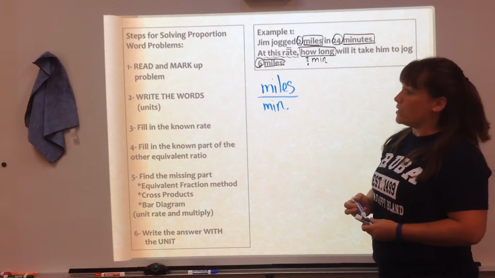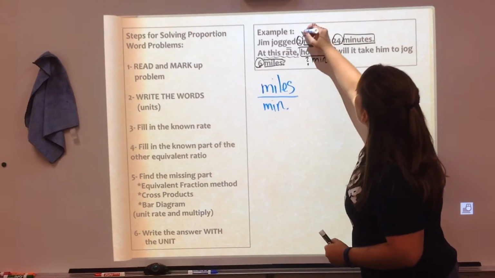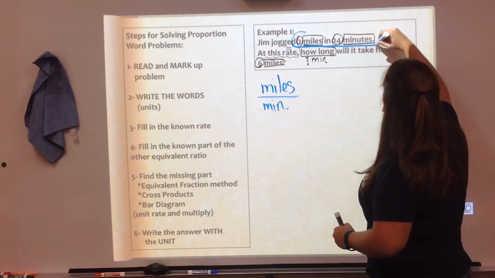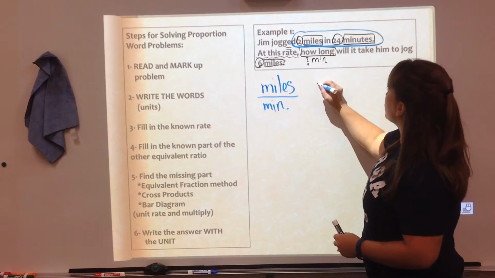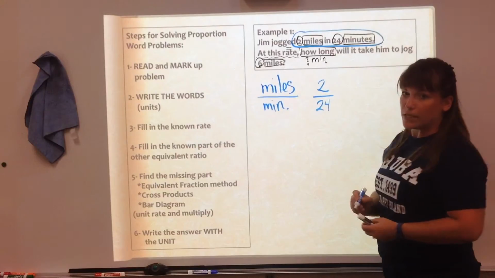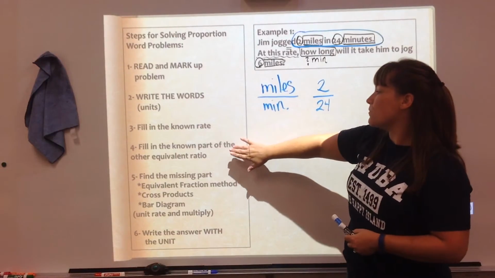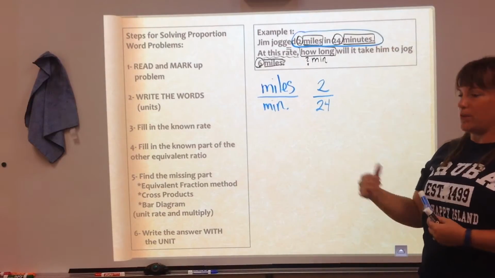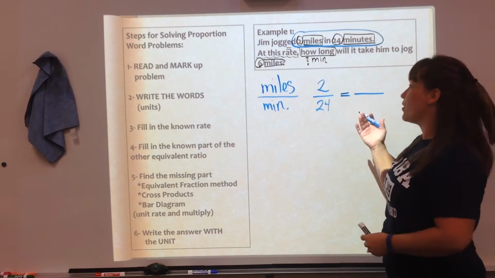Now we're going to fill in the known rate. This first one that we are given is complete. We know the miles, we know the minutes. So the 2 is going to be in the numerator, the 24 is in the denominator. Now we need to fill in the known part of the other equivalent ratio. So remember, proportions are 2 fractions set equal to each other.